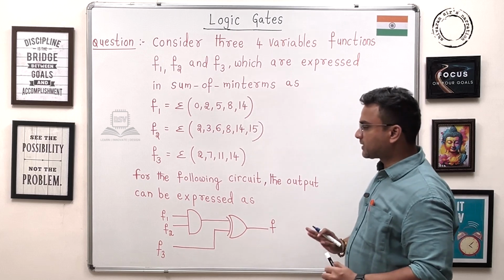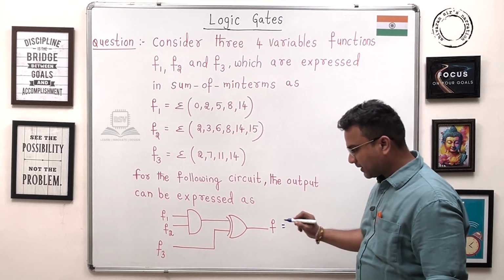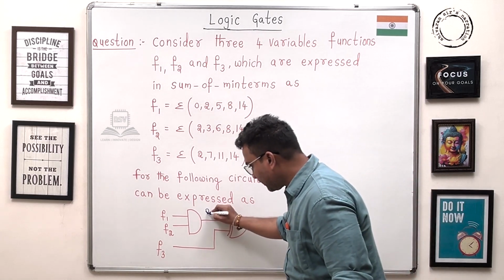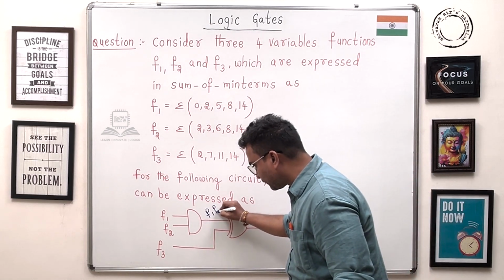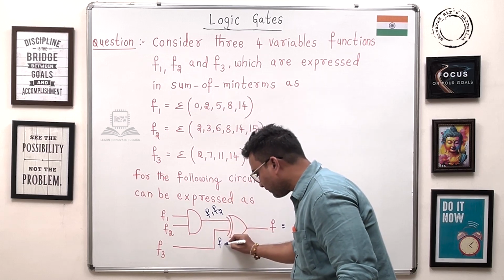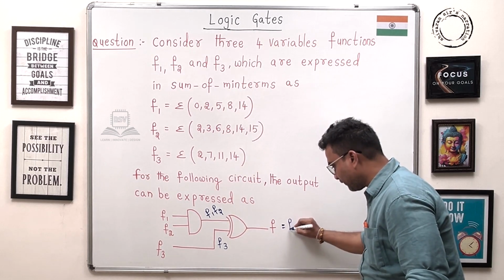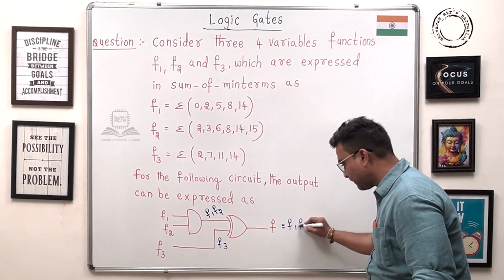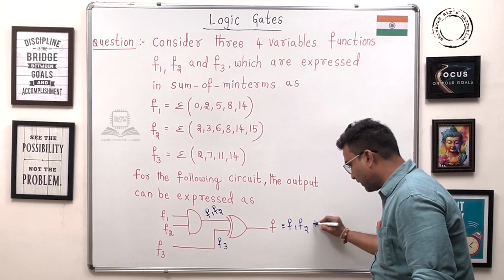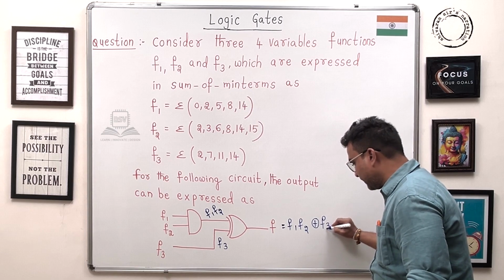Right now, let's see, guys. Coming to this f, what is it? This is an AND gate. It is f1 into f2, and this will be f3. Now, guys, here the expression is f1 f2 XOR f3, isn't it, guys?